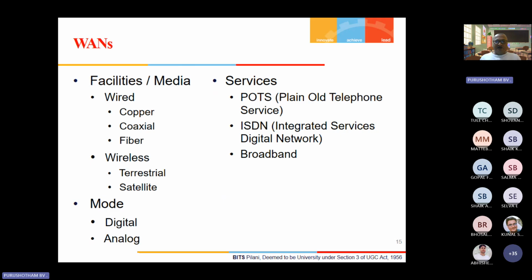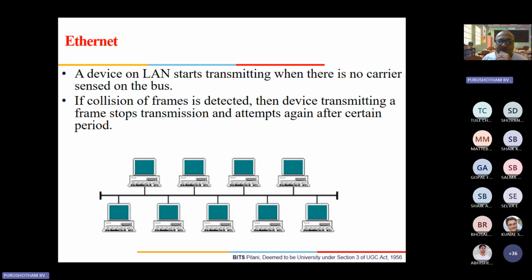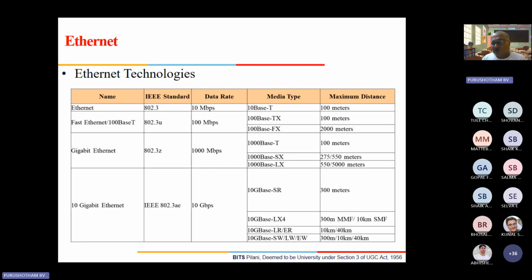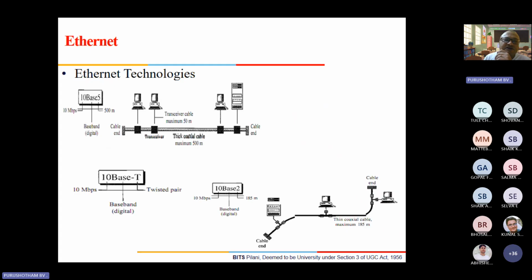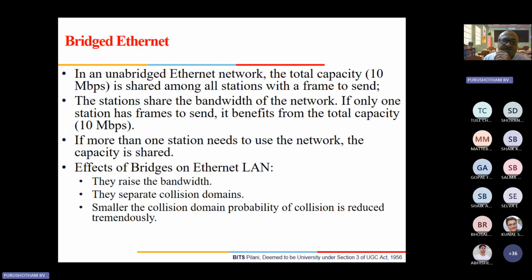Then the wide area networks, what services, the medium or mode of transmission that we saw. Then WAN topologies. Then we started looking into the Ethernet in detail with the various standards and the distance that they can cover. Then we looked at the frame format for the Ethernet.